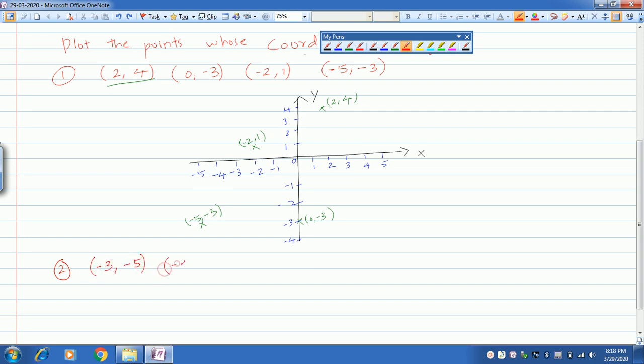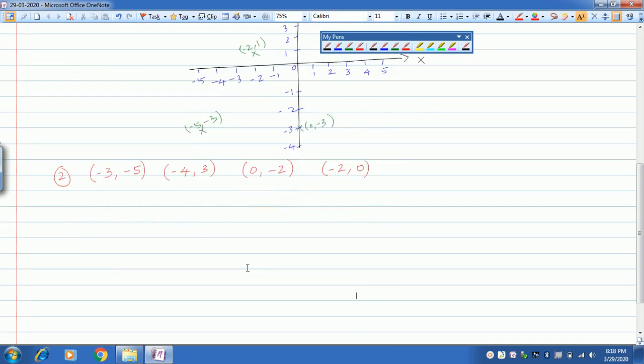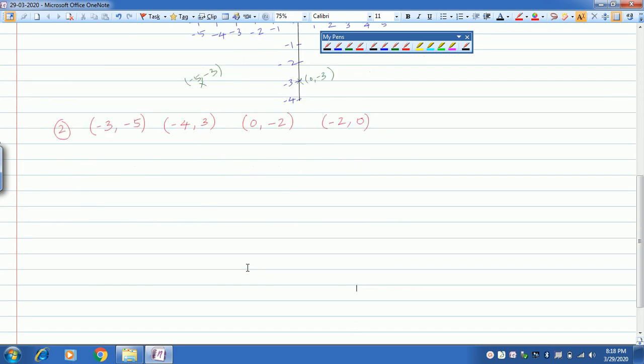Here minus 4 comma 3, and here 0 comma minus 2, and the last one minus 2 comma 0. Now the same thing we are going to study here. First draw the graph, the line x and y coordinate. Here we have to draw the x axis.